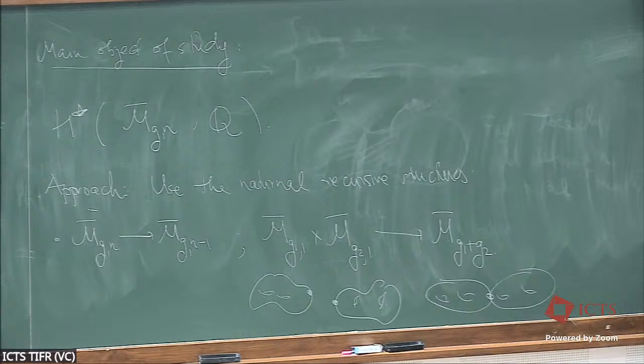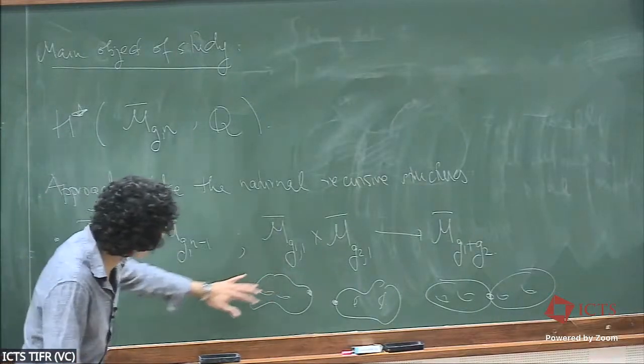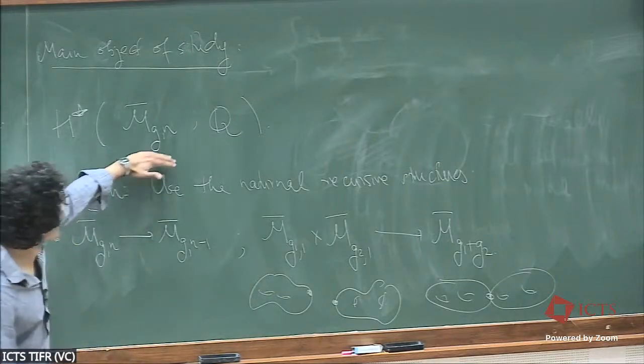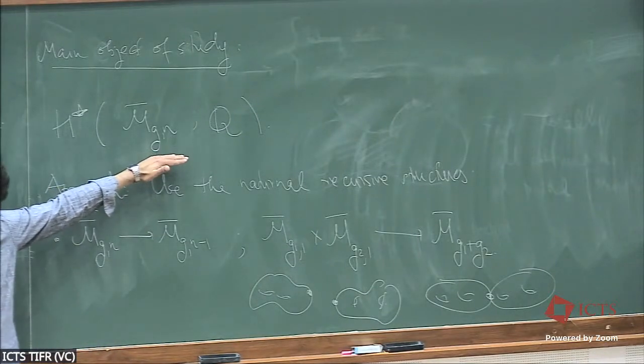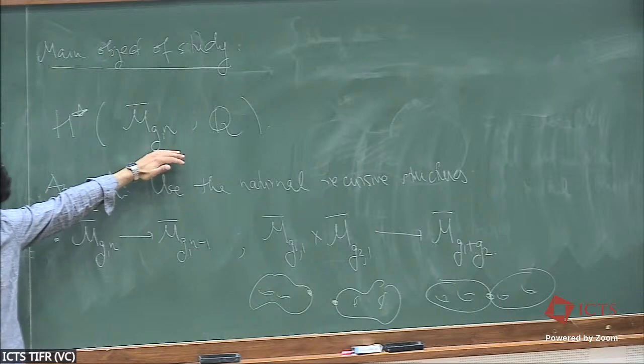If you want to say this precisely, there are many people who like doing this. One way to say it is that the collection of all M_g,n bars together forms a modular operad. That's one way of saying this in algebraic language. But the way that I'll be using it, I'll just have interesting maps between these algebraic varieties. And of course, interesting maps between algebraic varieties lead to interesting maps between their cohomology groups.